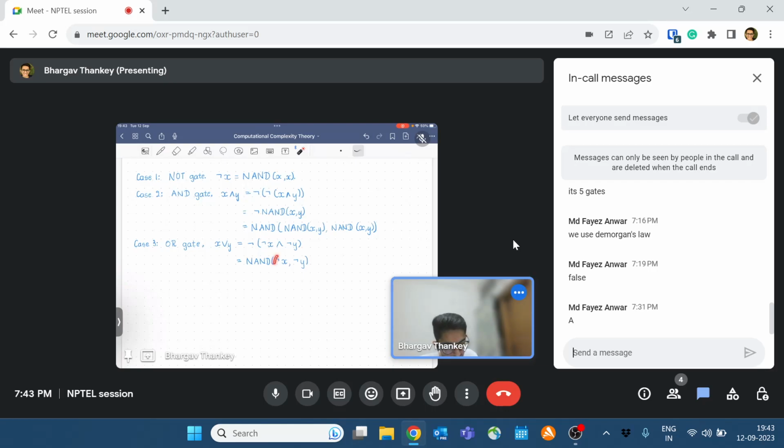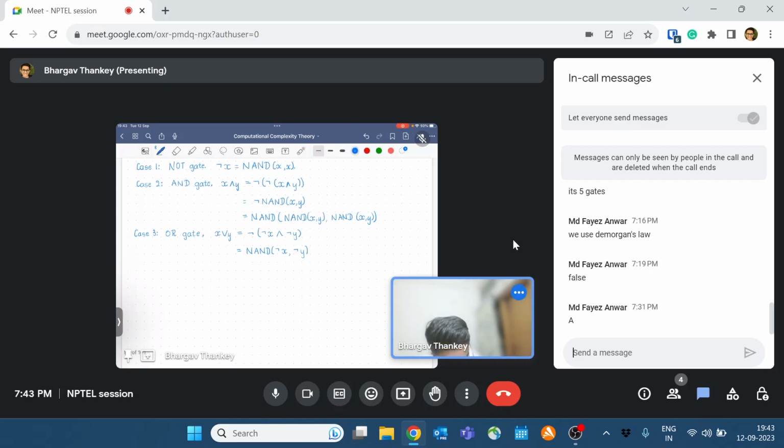Now we have two NOT gates and we can replace them by NAND gates using the earlier construction. So this is NAND of NAND(X, X) comma NAND(Y, Y).